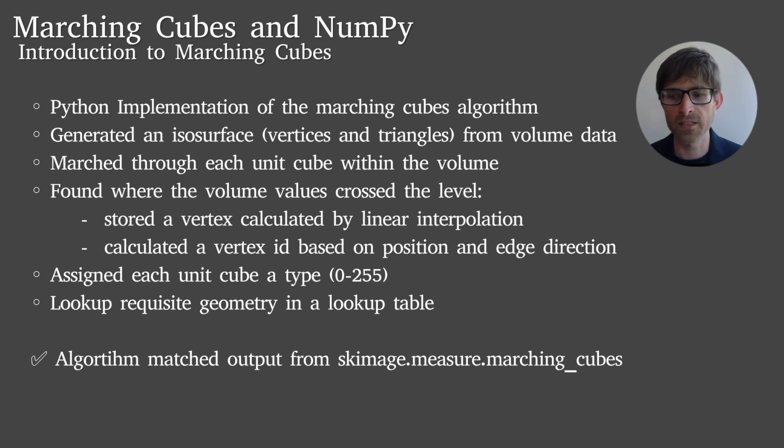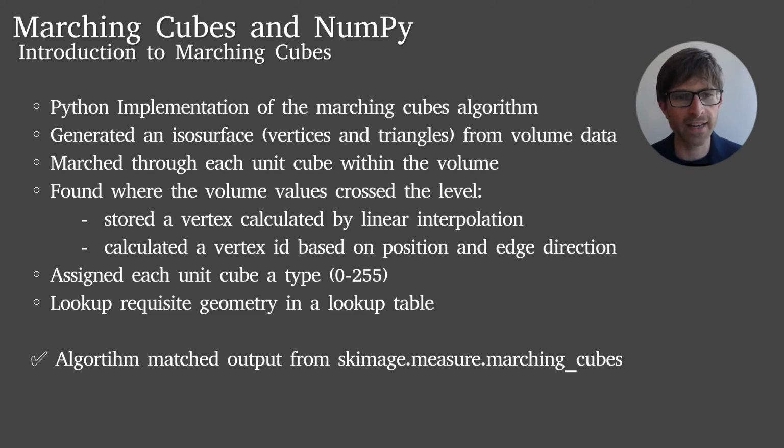So, in summary, we've created a basic implementation of the marching cubes algorithm in Python. It generates an isosurface from volume data. We compare the volume to a level and then march through each unit cube within the volume, defined by each of the adjacent data points.